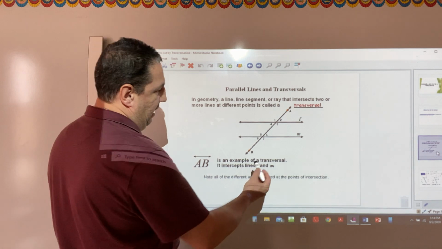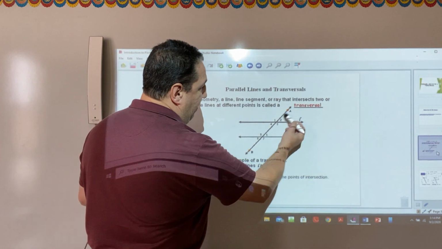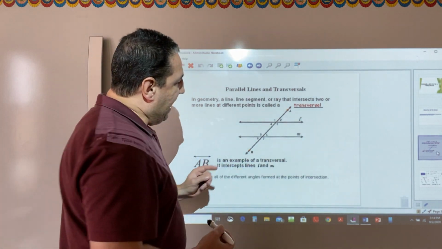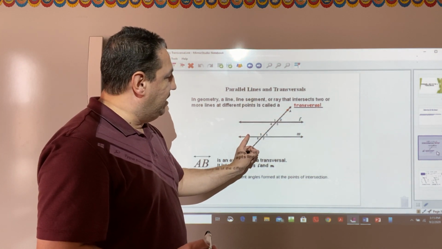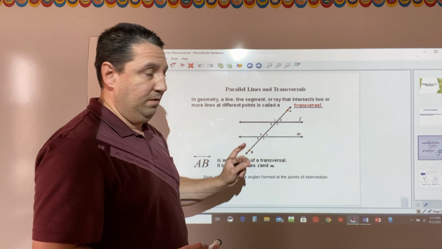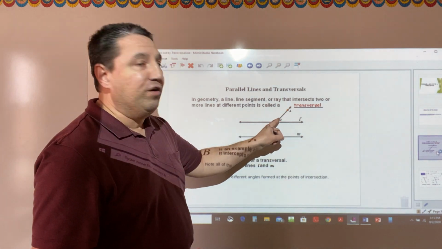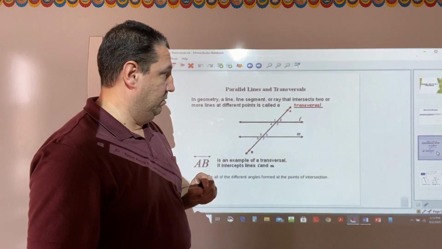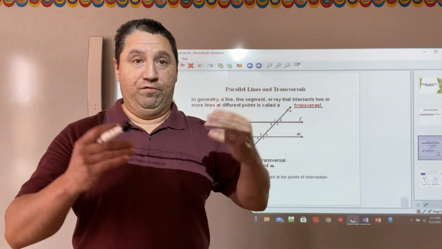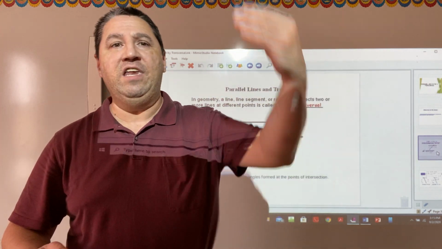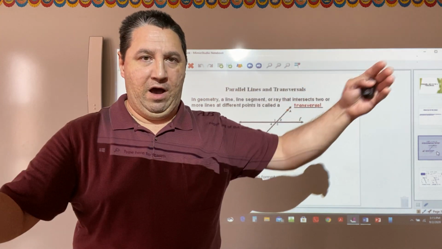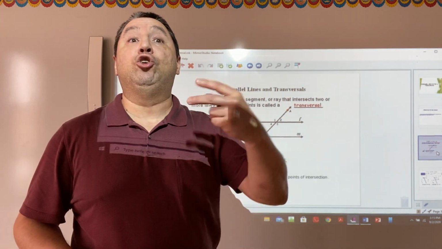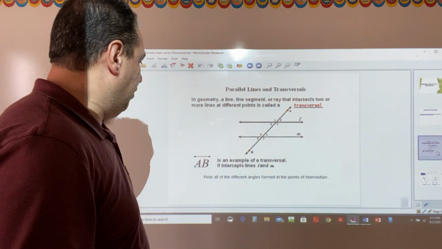For example, line AB is a transversal. Why? Because it cuts these two parallel lines at two different points. So, don't forget, a transversal is a line, line segment, or ray that cuts two lines at two different points. Good.